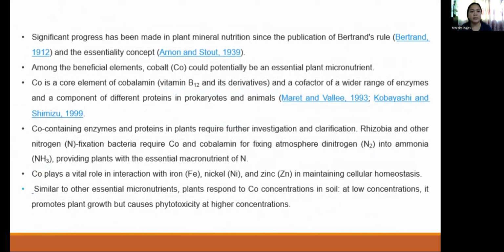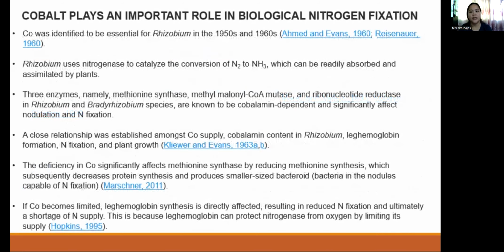Ayan, so significant progress has been made in plant mineral nutrition, sabi po sa isang related study. Pinakamahalaga po na function ni cobalt is siya po ay part ni cobalamin, which is associated sa fixing the atmospheric nitrogen into ammonia. Ito po ay noong 1960 pa.